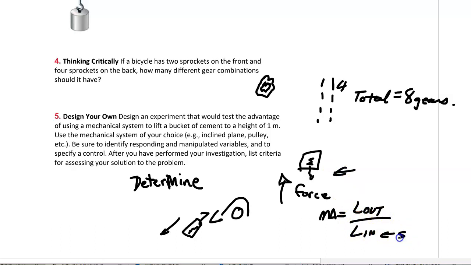This is with the system. And that will be how you would determine the mechanical advantage.